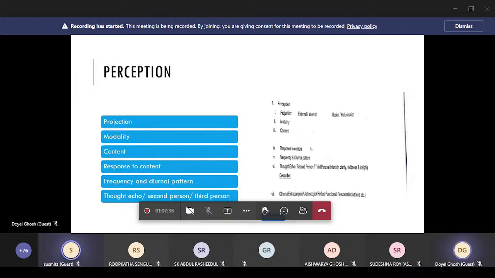There are voices arguing among themselves, arguing about my well-being, or my illness. That is third person hallucination. And there may be different types of hallucination, like extracampine hallucination. Extracampine hallucination is a hallucination that is beyond your sensory field.